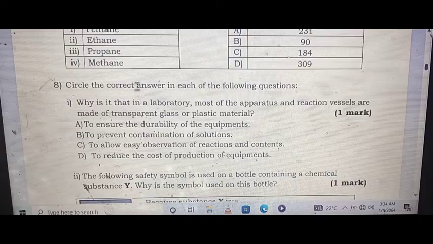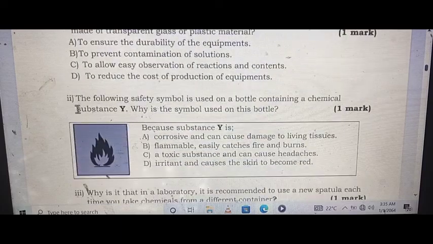Question 8. Circle the correct answer in each of the following questions. 1. Why is it that in a laboratory, most apparatus and reaction vessels are made of transparent glass or plastic material? The correct answer is letter C, to allow easy observation of reaction and the contents. 2.